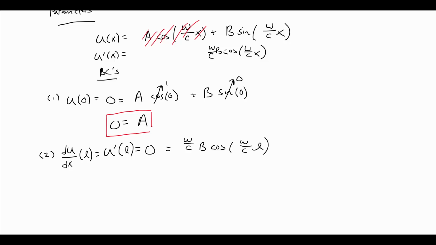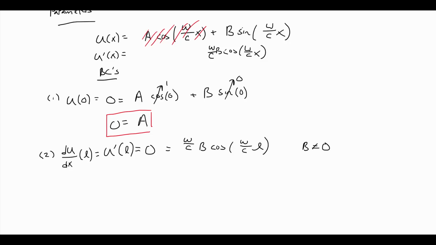So to avoid the trivial solution, like we saw with the string problem before, mathematically we could say that b is also equal to 0, but then u of x is identically 0, and then we have no oscillations. So again, that can't be the answer to this because we are giving it an initial deformation, so it must have a non-zero deformation, non-zero oscillations in this system. So we are going to enforce that b, since a is 0, cannot be 0.